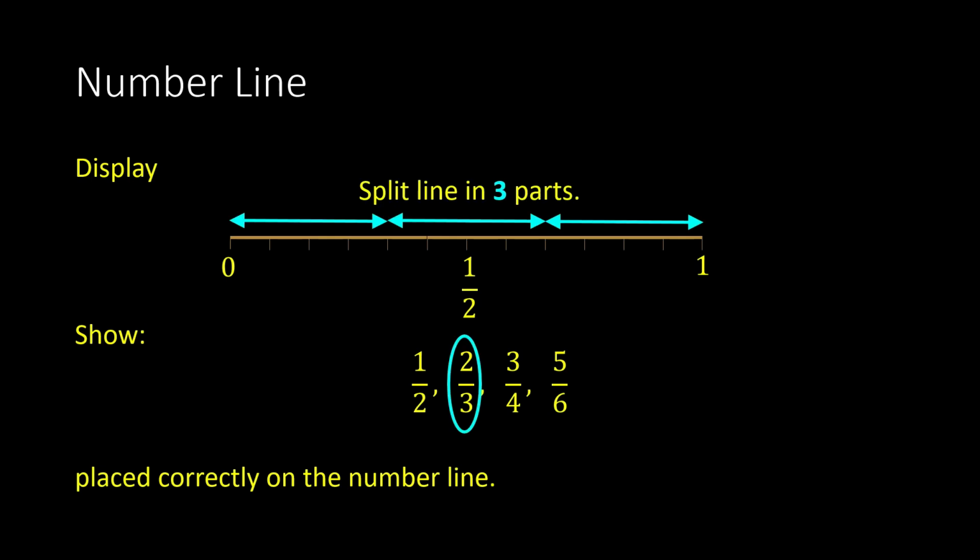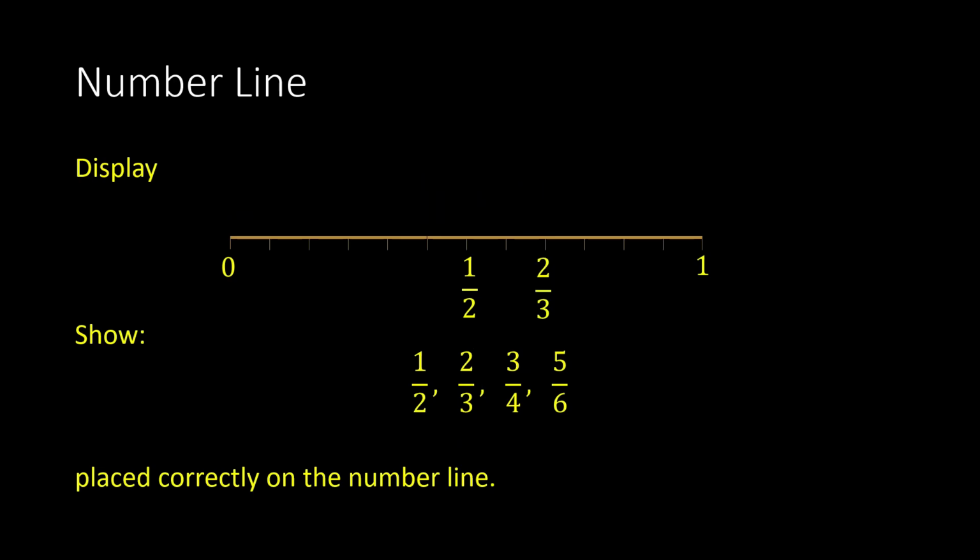In order to place 2 over 3, split the line into 3 parts, and then place 2 over 3, 2 parts along. So 2 over 3 is here.